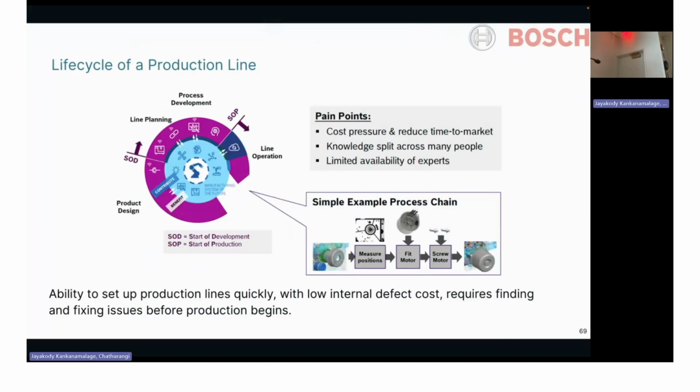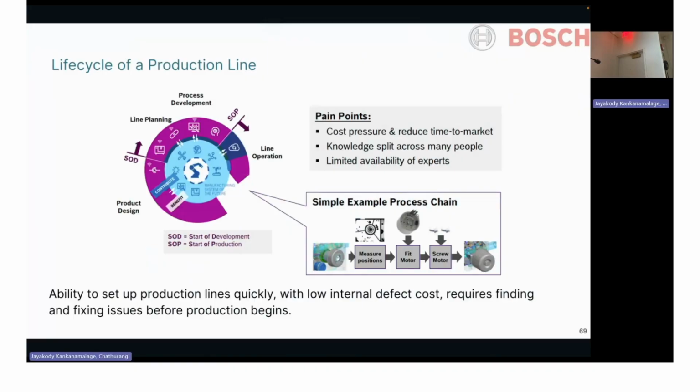These lines are so complex that the knowledge of the line has to be split among multiple people because no single person can understand all of it. It's simply too convoluted and complex. But it's also true that the number of experts who understand these lines is getting smaller. People aren't learning this anymore. So the lines are getting bigger and bigger, but the number of people who understand them is decreasing. It's a strange situation we're in.